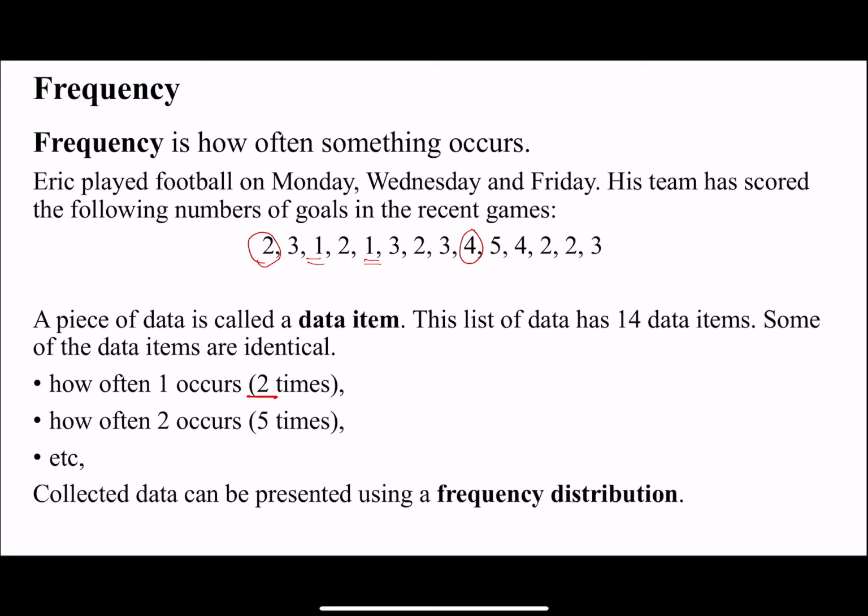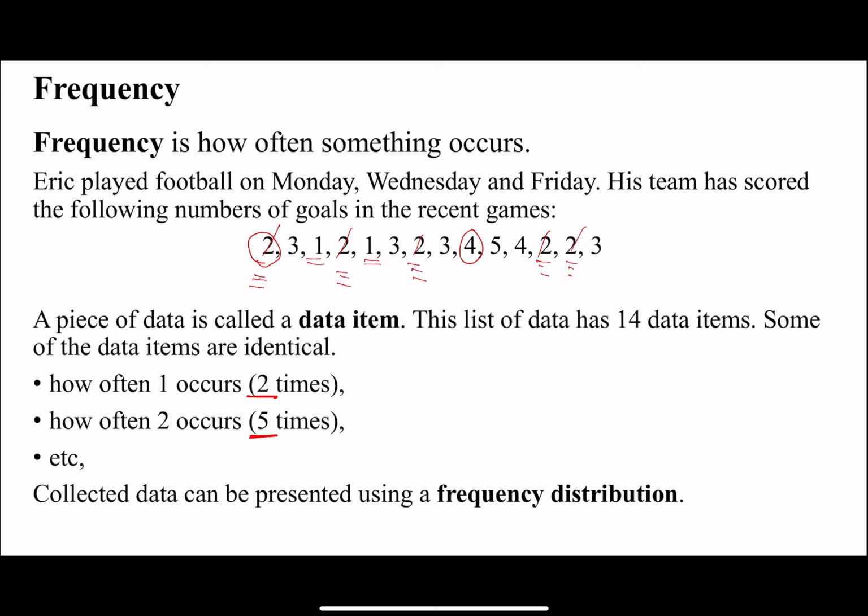If you look at the score 2, we have 2 here, here, here, here, and here, right? 1, 2, 3, 4, and 5. So score 2 happened 5 times. So 5 is the frequency of score 2.